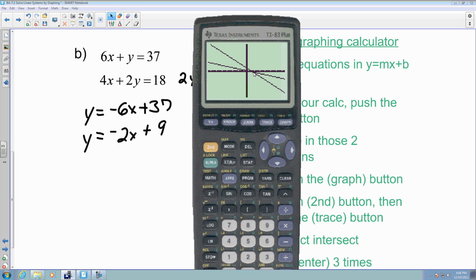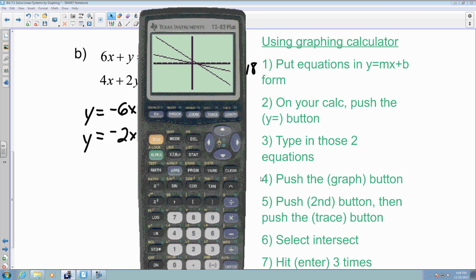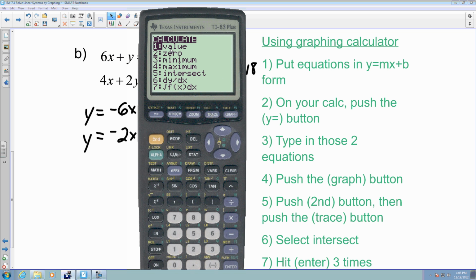I don't really know where it's at, but what I can do is press the second button, which is right here, and then hit trace. It comes up with value, zero, minimum, maximum, and then the fifth one, which is intersection.